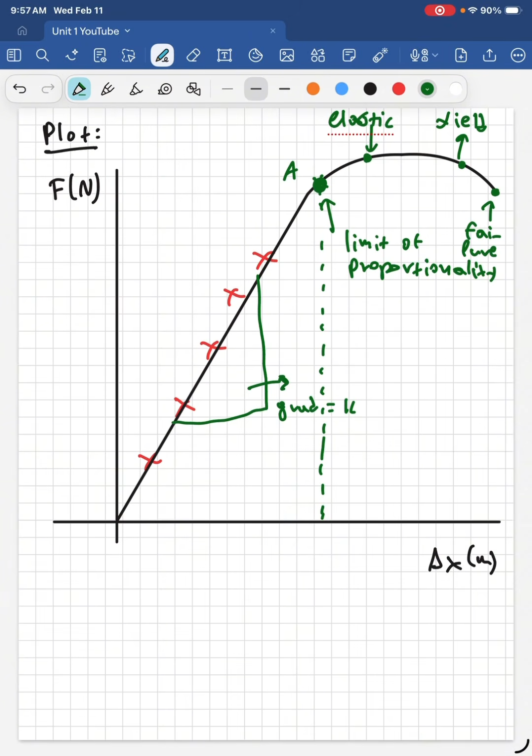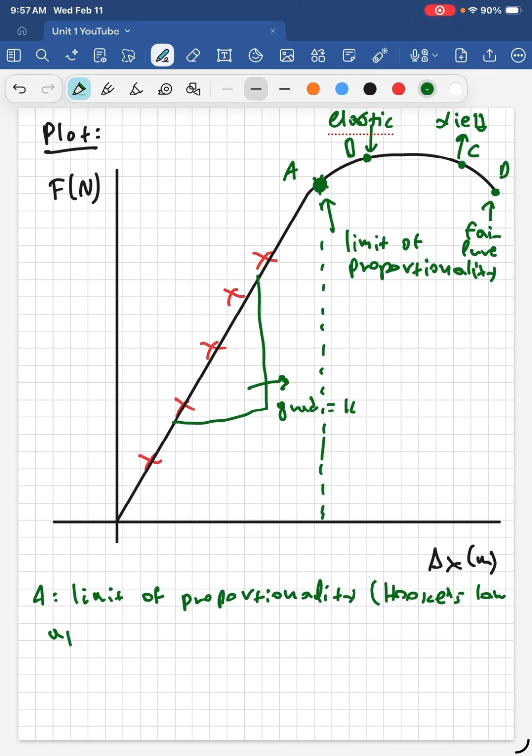So let's call these A, B, C, and D, and I'm going to write down here. A, as we said, is the limit of proportionality, which means that Hooke's law applies, and the gradient is equal to k. Now B is called the elastic limit.